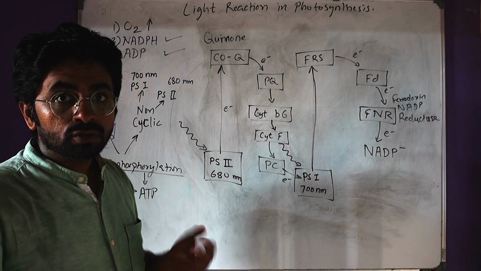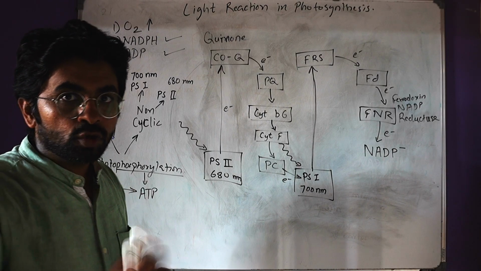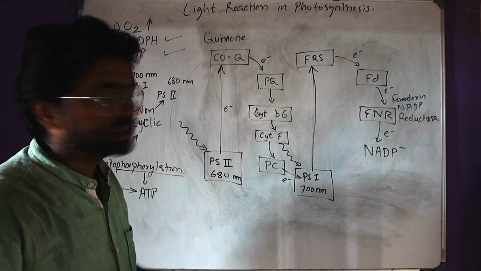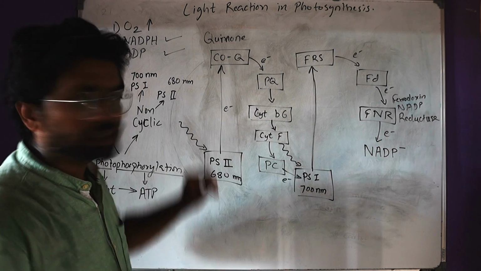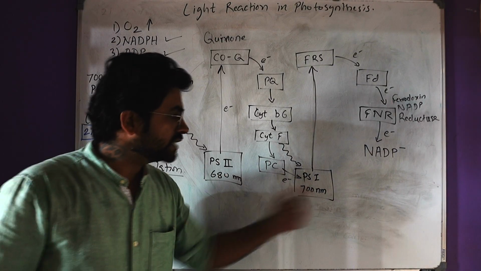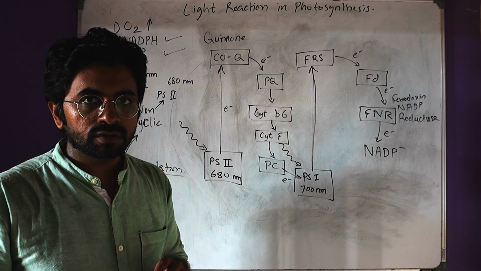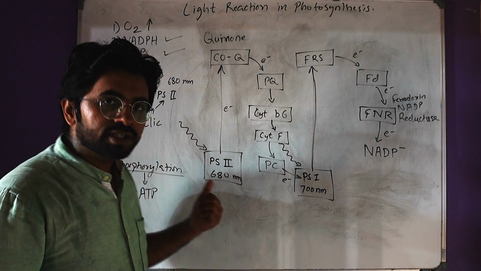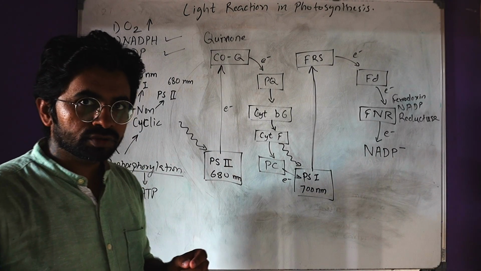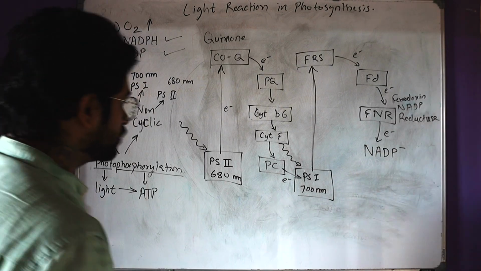So the problem is, who is the external electron donor? Because in this non-cyclic photophosphorylation, electron sources like 680 and 700 are the internal electron sources. But if the electron depletion is there at 680, there should be another electron source, which is external. So what is that external electron source?